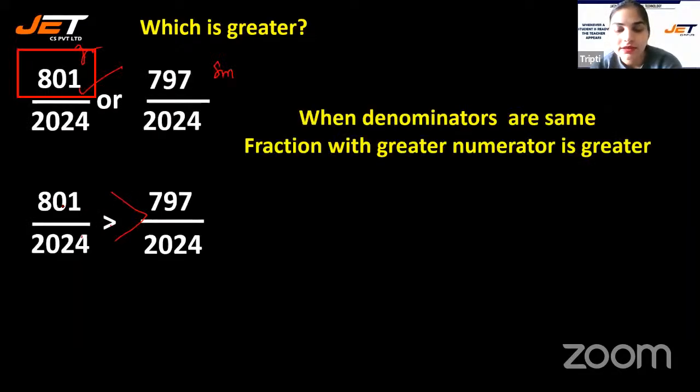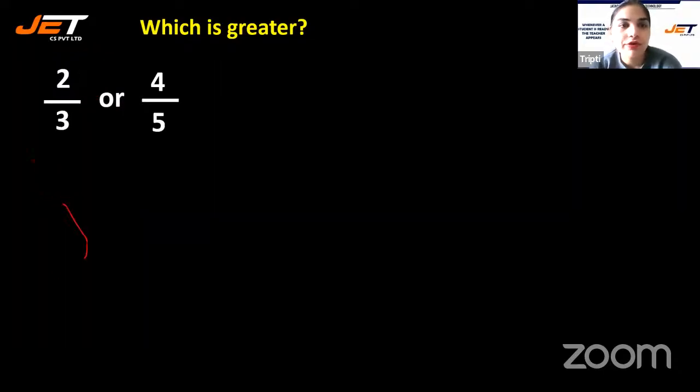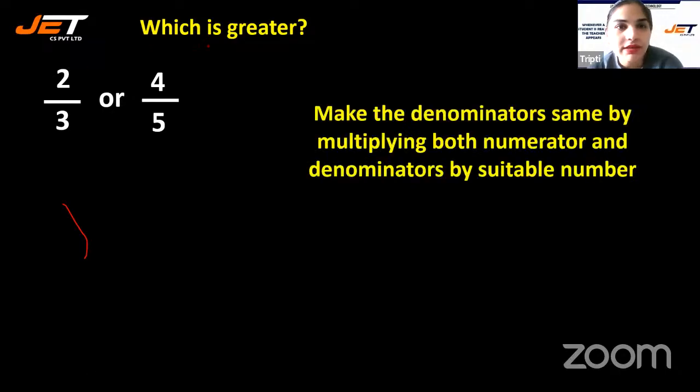Okay, next. 2 by 3 or 4 by 5. So here, make the denominator same.